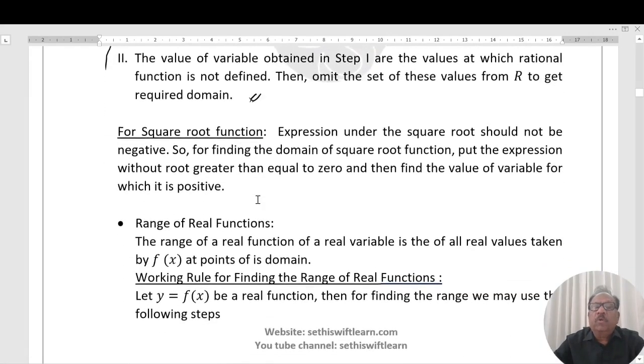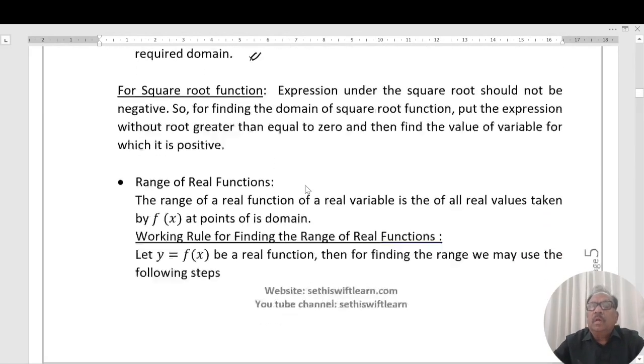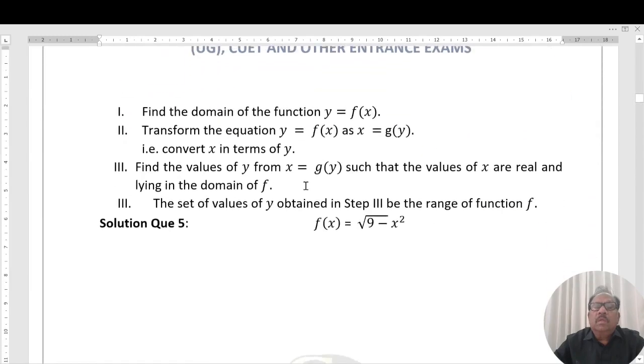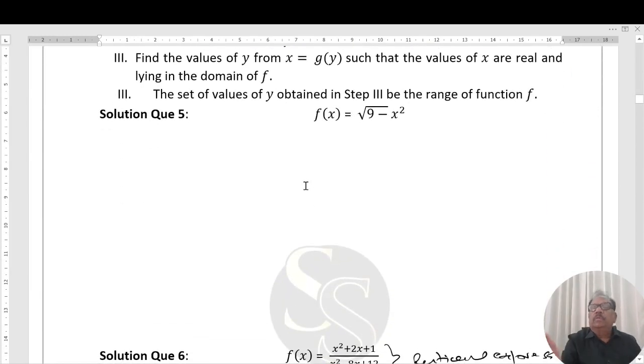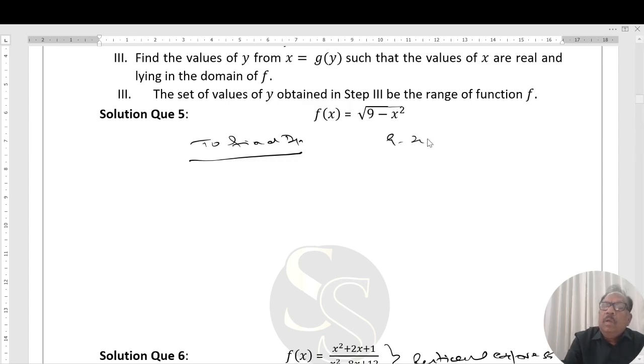Next is a square root function. The expression under the square root should not be negative. It should be greater than or equal to 0 if it is in the numerator. Now, to find its domain, the function under the radical sign, 9 minus x square, should be greater than or equal to 0.